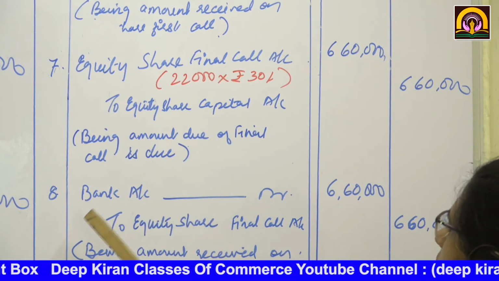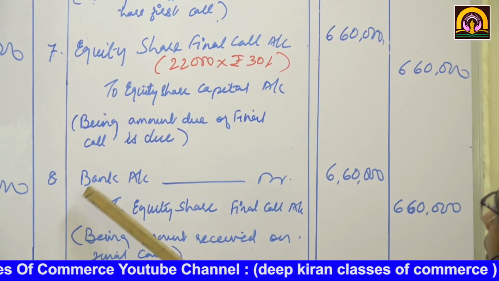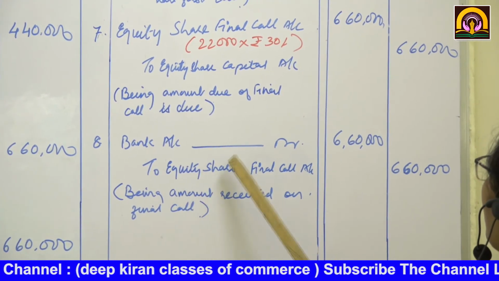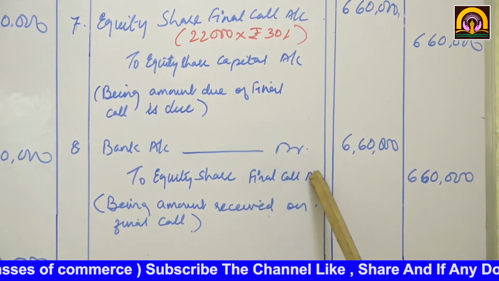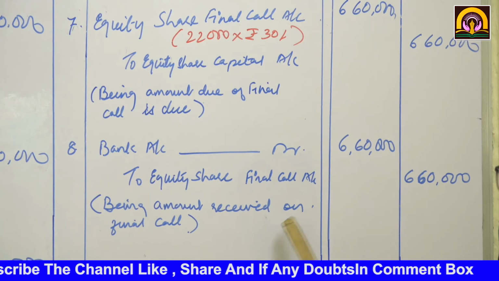This amount is also received. So bank account debit 6,60,000 to equity share final call account 6,60,000, being amount received on final call.